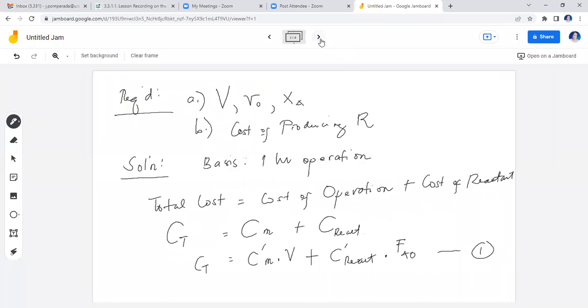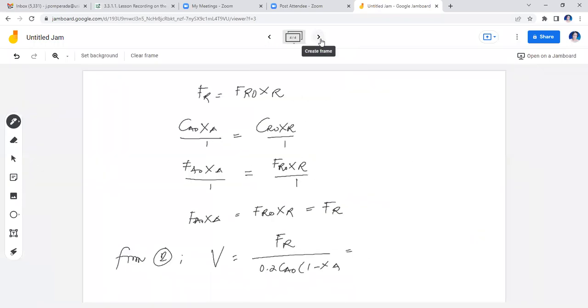So we can place it here. So you have 100 over 0.2 times 0.1 times 1 minus XA.